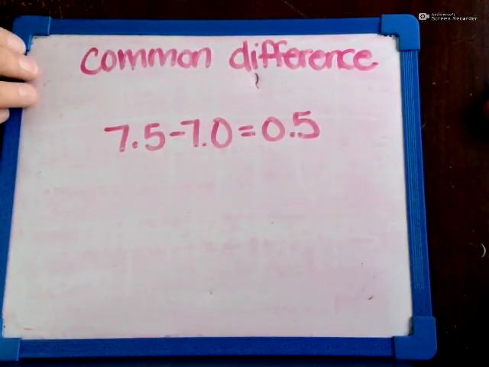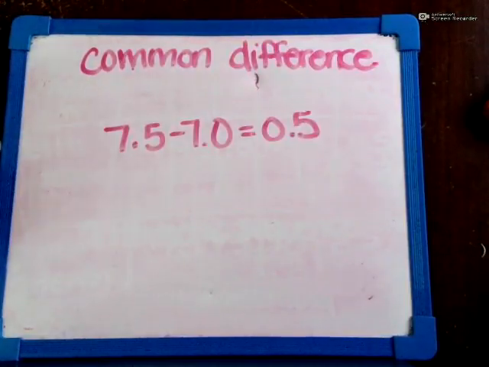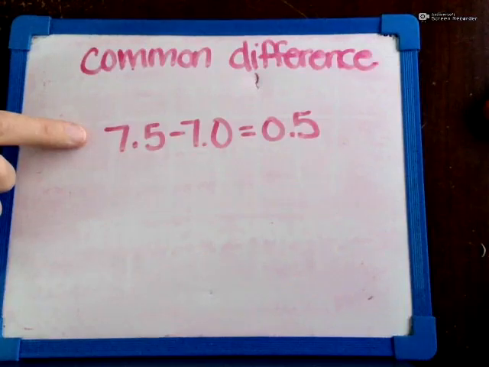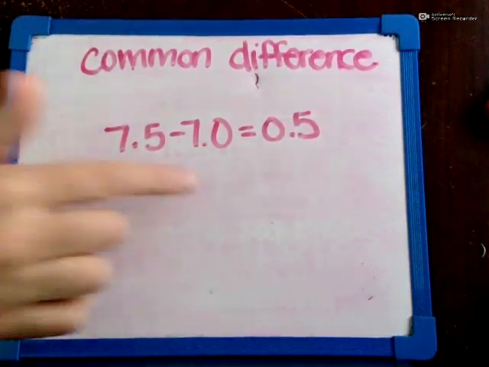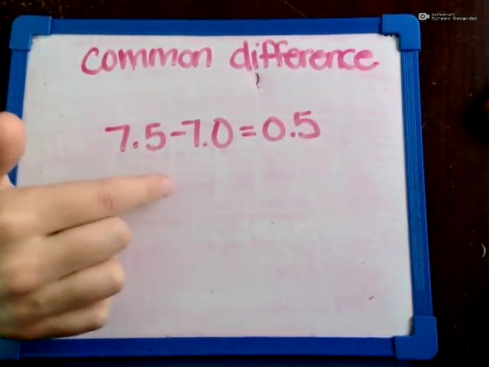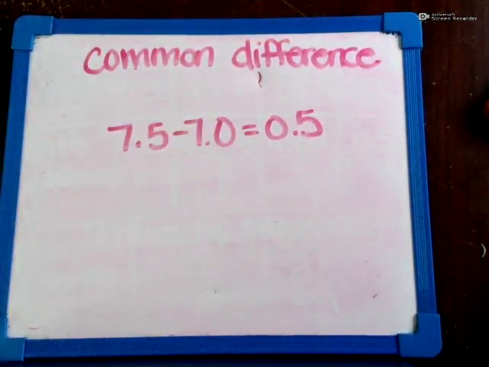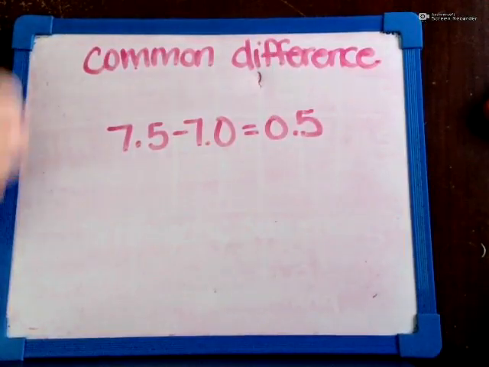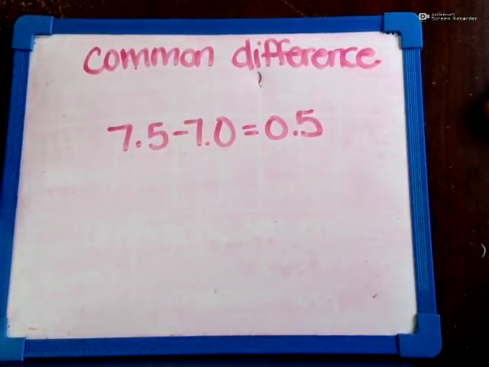It's called the common difference, and it's between any term and the term before it. So you would just take two terms that are next to each other from your table, for example 7.5 and 7, and subtract them from each other to find the difference, which is 0.5. If you went to another two terms that are next to each other, 9.0 and 8.5, it's still 0.5. It doesn't matter which two terms you use for the previous table we were using, the difference is always going to be 0.5.